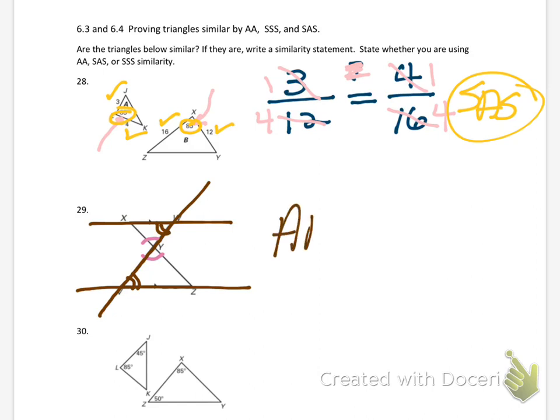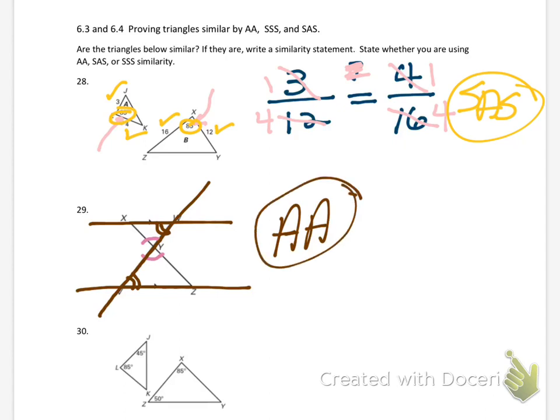So by angle, angle, I can prove that the small triangle on top and the bigger triangle on the bottom are indeed similar. So I would expect that the other angles are equal, and also that the sides are in proportion. Okay, so I have so far proved by side, angle, side, and by angle, angle.